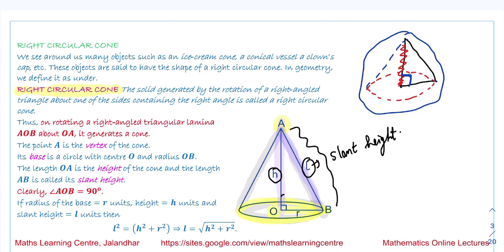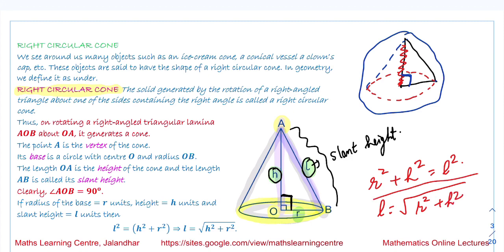This angle over here is 90 degrees. If you look at this right angled triangle, the relation between H, L and R is R square plus H square is equal to L square. So slant height is equal to square root of R square plus H square.